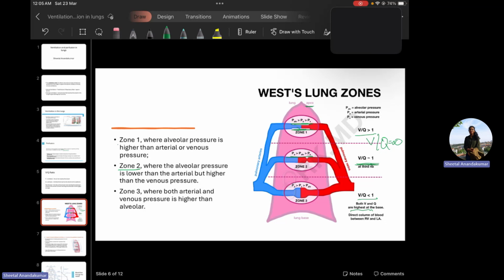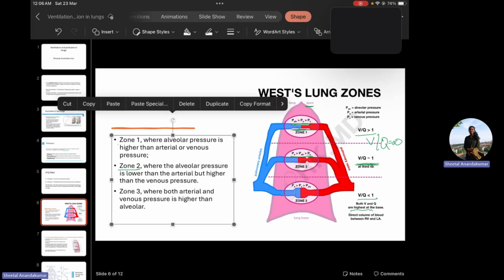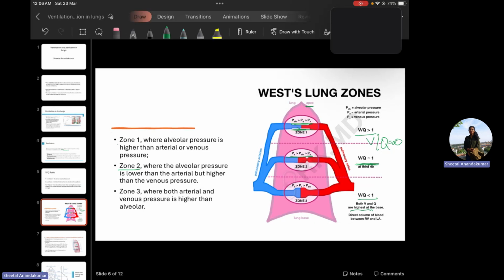Here the alveolar pressure is lower than the arterial pressure, so some amount of perfusion takes place. There is alveolar pressure exerting pressure on the blood vessels, but it's not high enough to compress or completely collapse them. So there is a good amount of ventilation as well as perfusion, and therefore the ratio is approximately equal to 1.